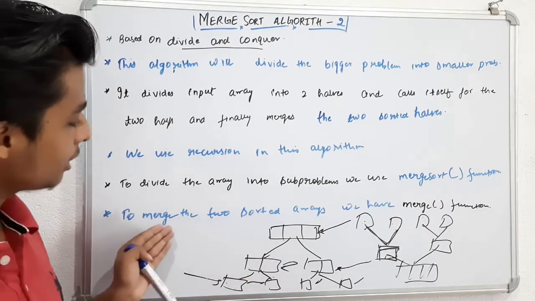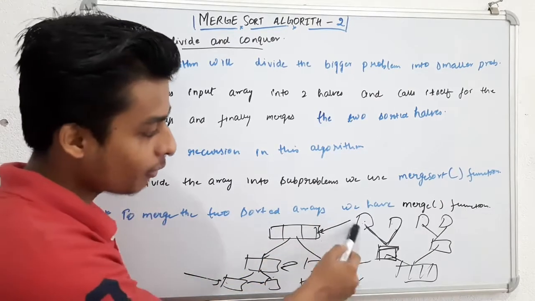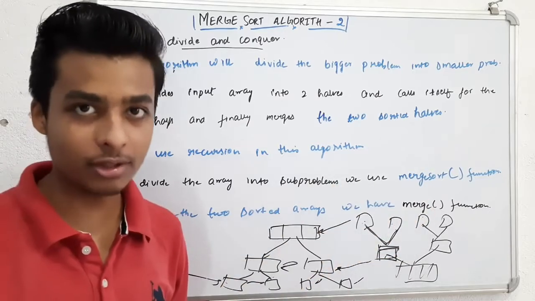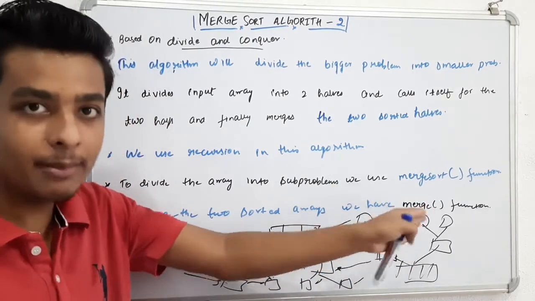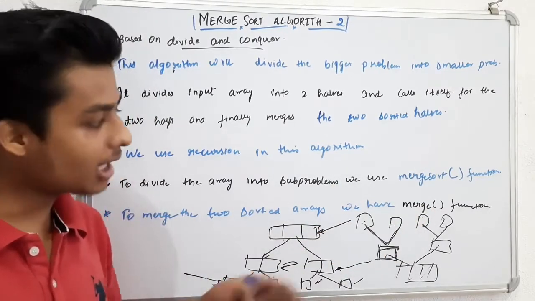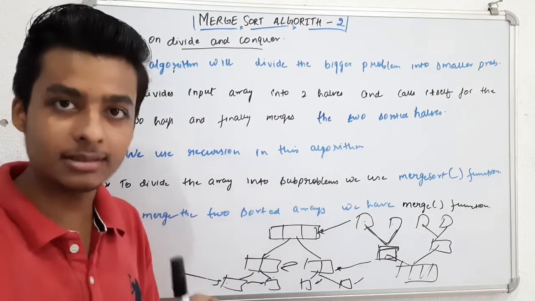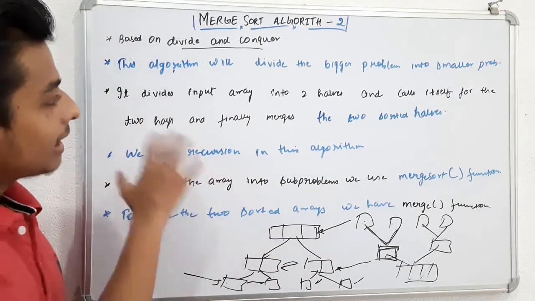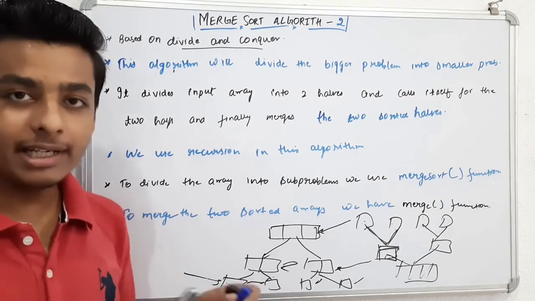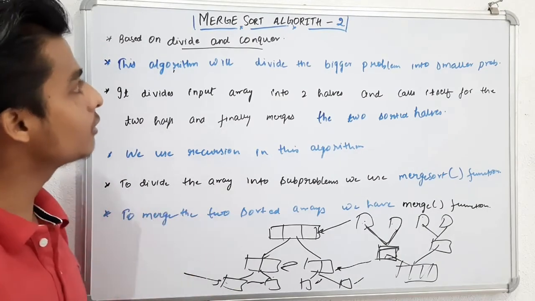The next is to merge the 2 sorted arrays. For this part we are going to use the merge function. As the name suggests, our task is to merge both the sorted arrays. Okay, fine. So these are the basic points which we need to keep in mind before moving forward to learn the algorithm.